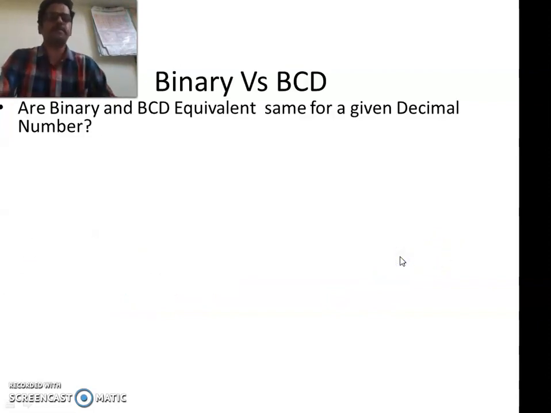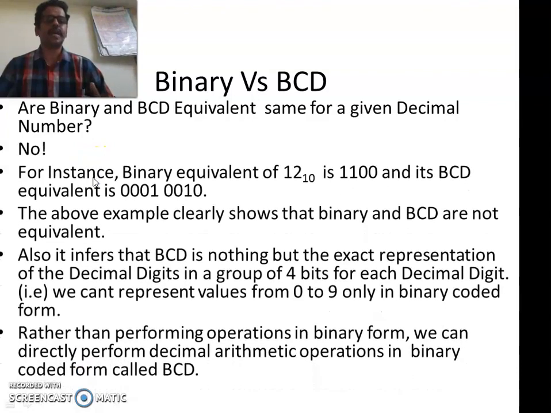What is the difference between binary and BCD? Whether the binary equivalent and BCD equivalent of a given decimal number are same? Certainly not. For an instance, we can take an example of decimal number 12. Its binary equivalent is 1100, but its BCD equivalent is 00010010.